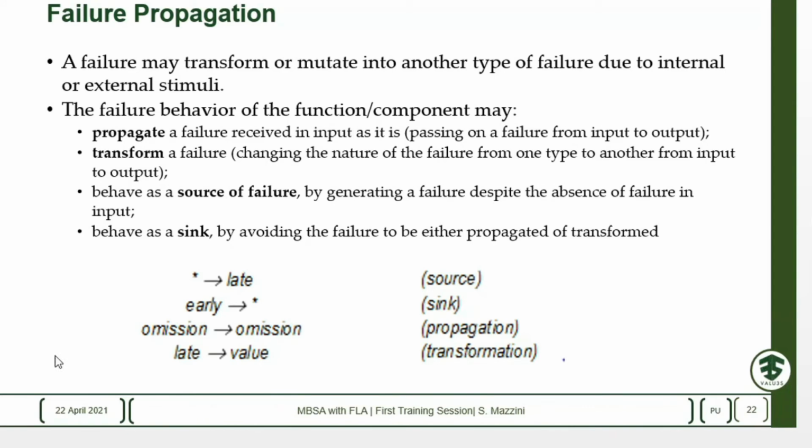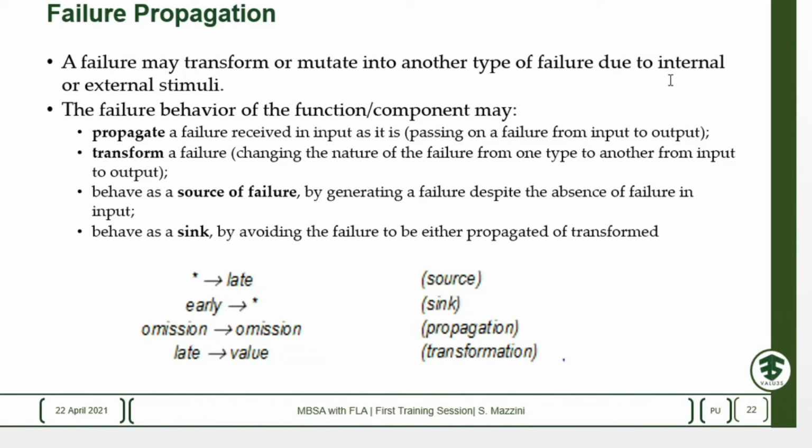What are the rules for failure propagation? The propagation is the way a failure may be transformed into another. So a failure might transform or mutate into another failure due to internal or external stimuli in a component.